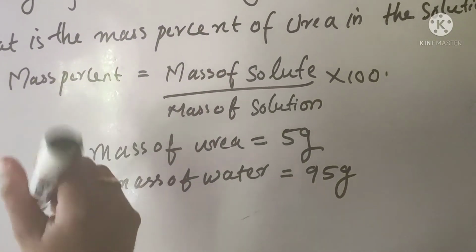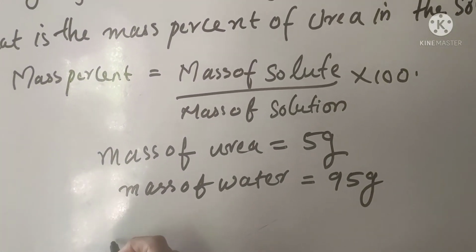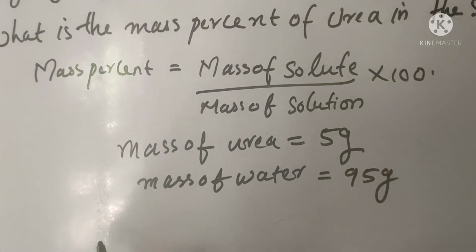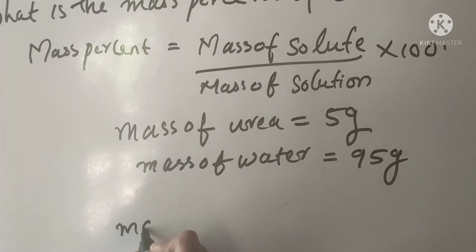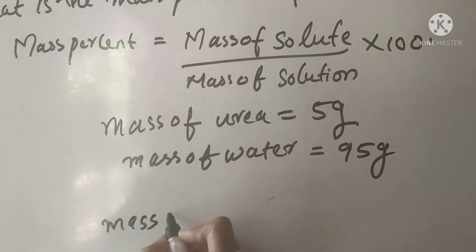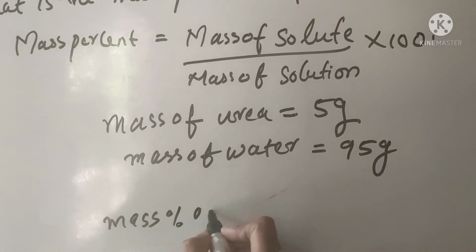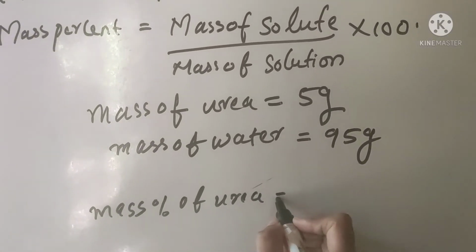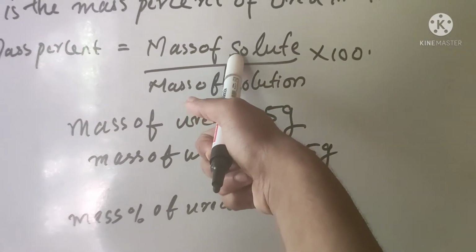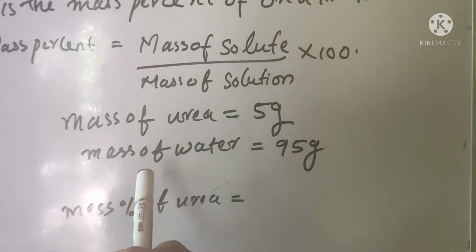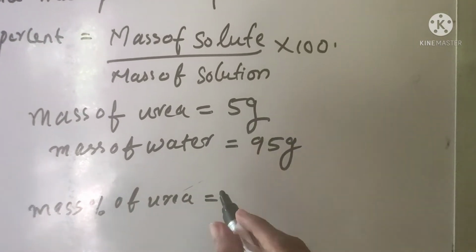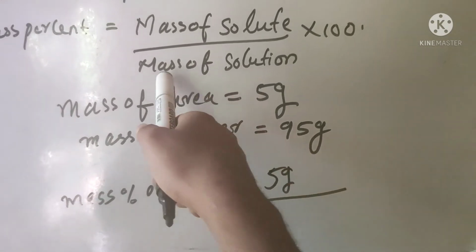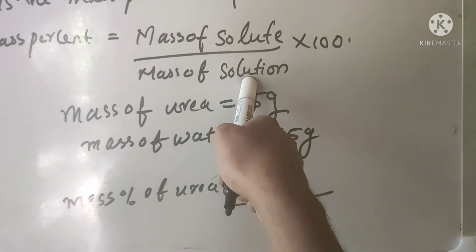You have to calculate the mass percentage of urea. Then mass percentage of urea equals mass of solute, that is mass of urea. What is the mass of urea? 5 gram divided by the mass of the solution.